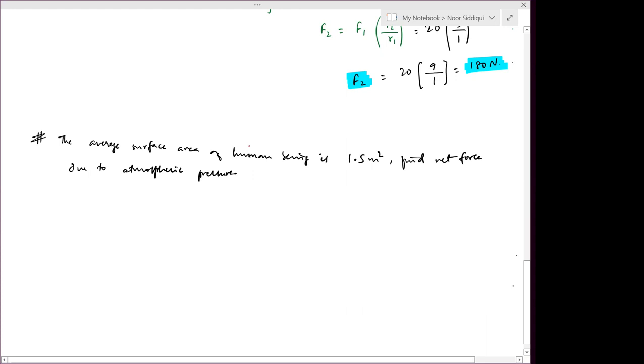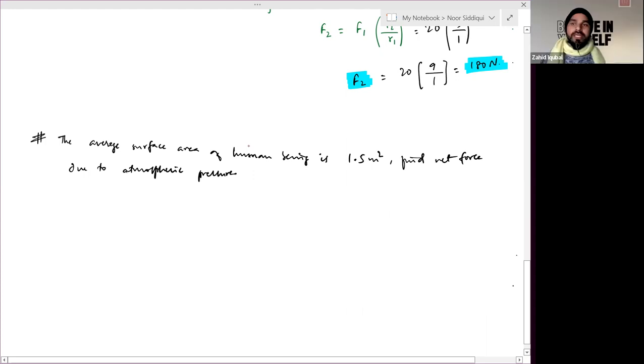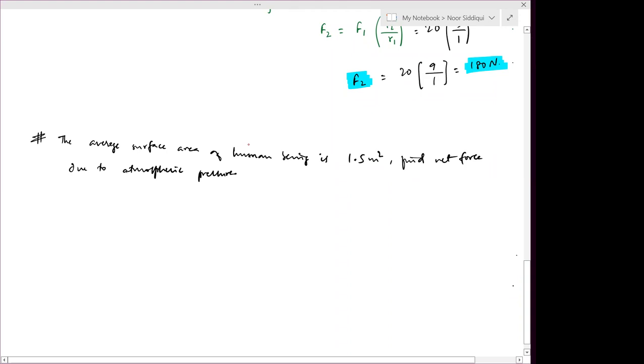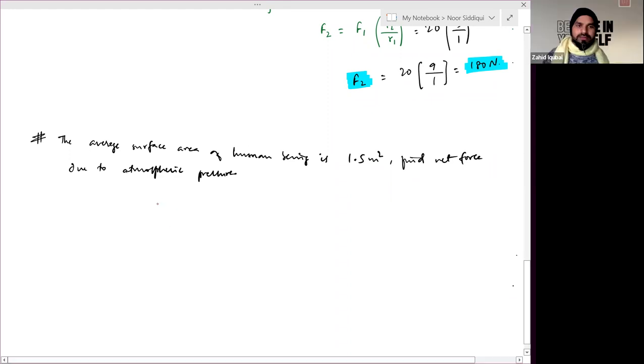76 centimeter of Hg, mercury, in terms of Pascal: 1.013 into 10 raised to 5 Pascal. Good. So you may write 1 into 10 to the power 5 Pascal. Area of cross section is 1.5 meters square.